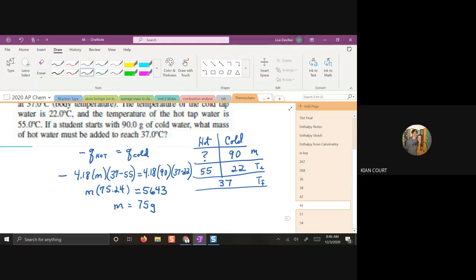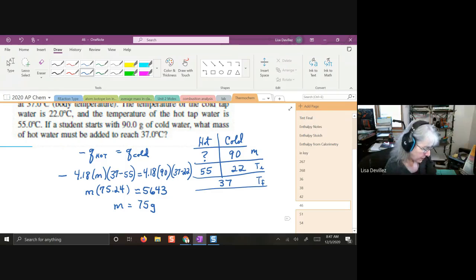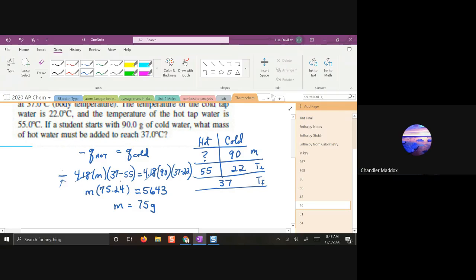You would get a positive if you did the change in temperature on the other side, 55 minus 37 instead of 37 minus 55. Well, yeah, the 4.18 will cancel, but then you've got this negative on this side here. Oh, you leave that, okay. Yeah, that'll give you a negative. So I would have left that and just done the actual numbers.